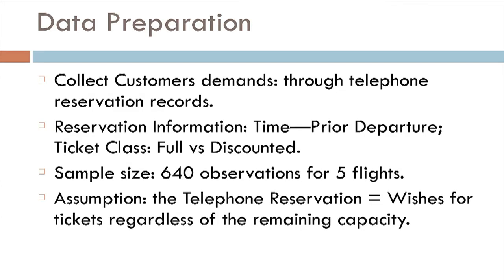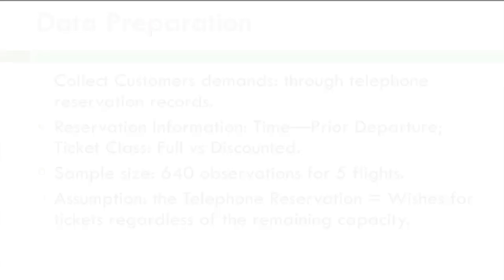The reservation information that staff take contains mainly the time, measured in hours prior to departure, and also the ticket class, whether it's full fare or discounted fare. The analysis is based on a sample of 640 observations across 5 flights.